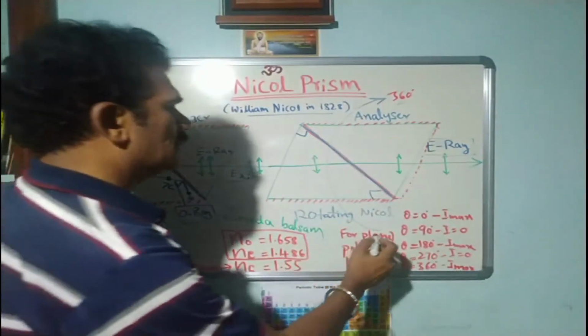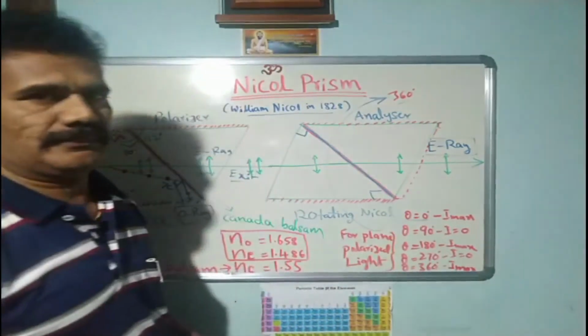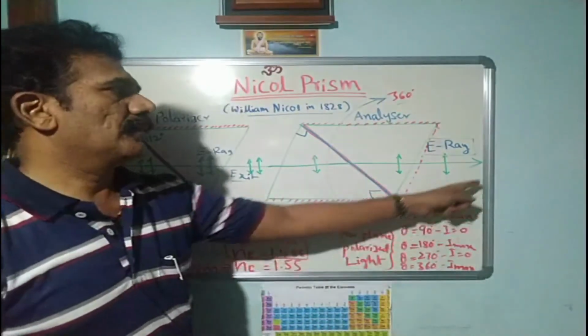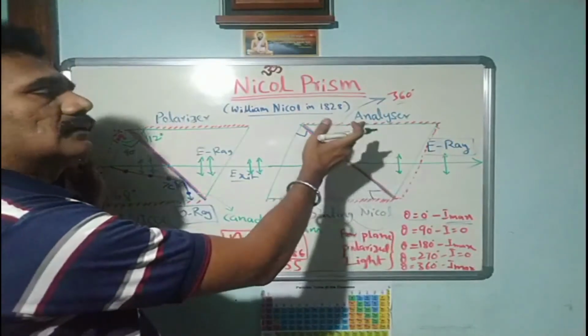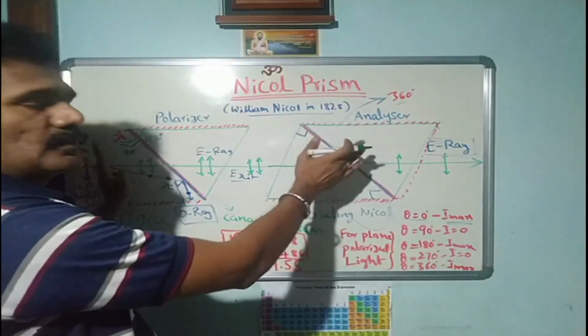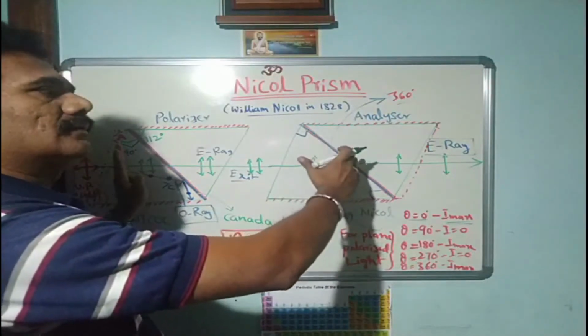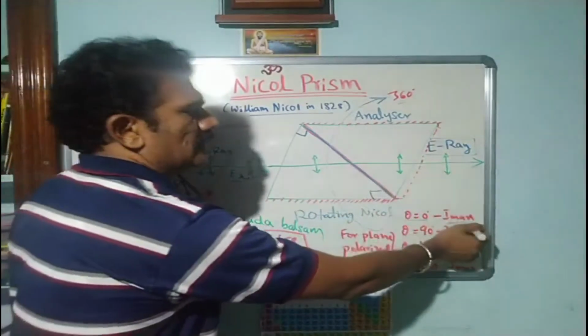Now we can see the analysis here. When theta is equal to 0 degree, we get the maximum intensity, because at that particular angle both the Nicol prisms are in the same position, with no angle difference, and hence we get the maximum intensity.